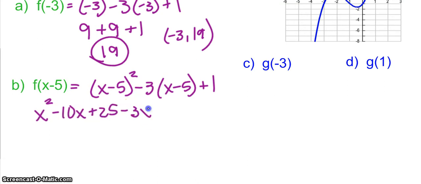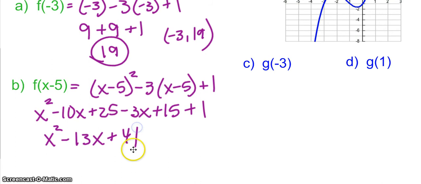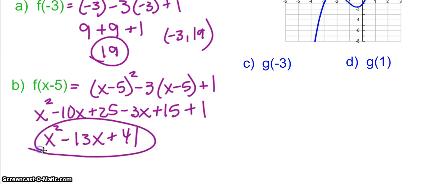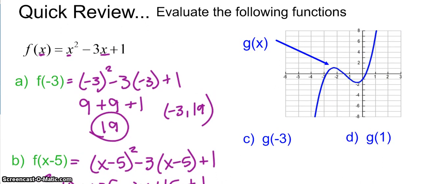And distribute in this negative 3. And now do some simplifying. So I've got x squared, negative 10x and negative 3x is going to give me negative 13x. 25 and 15 gives me 40, 41. All right, that one's not really listed as a coordinate point, but that is what you would get if you plug in x minus 5.